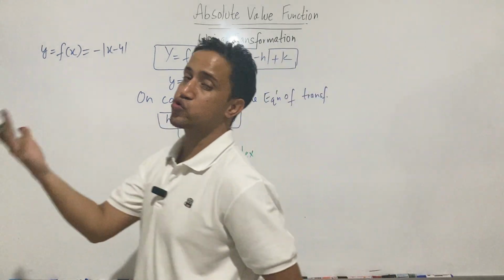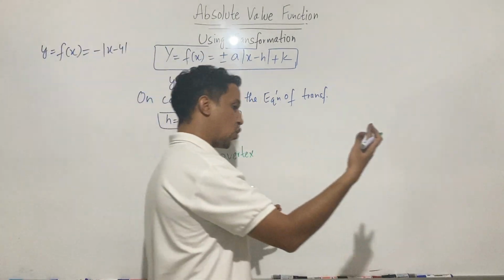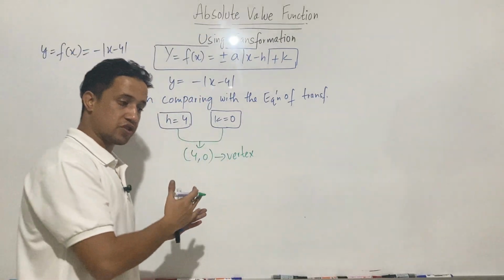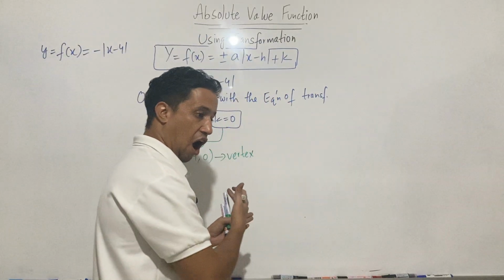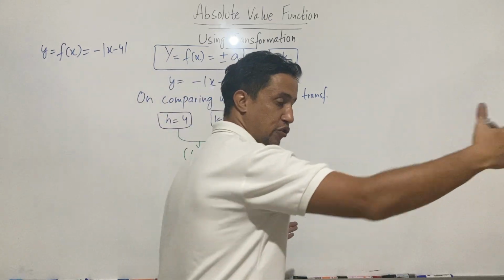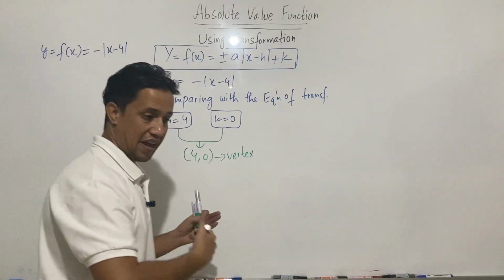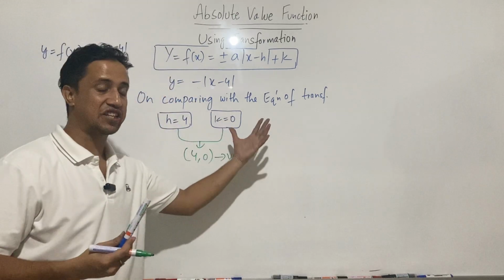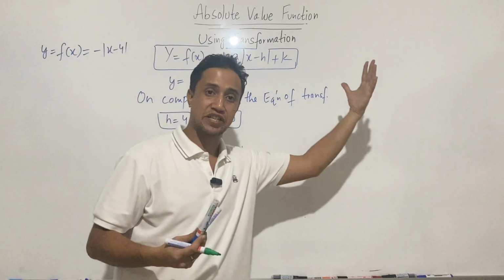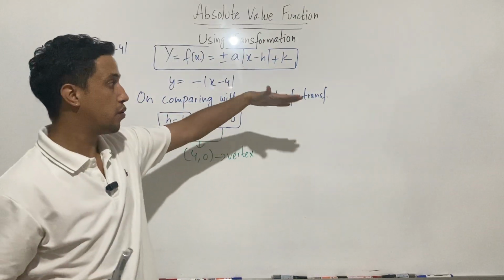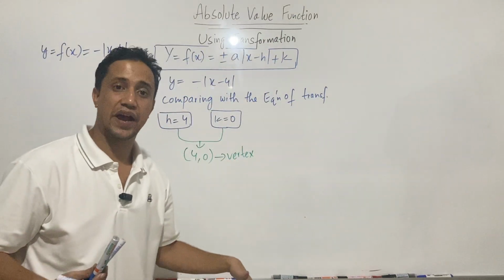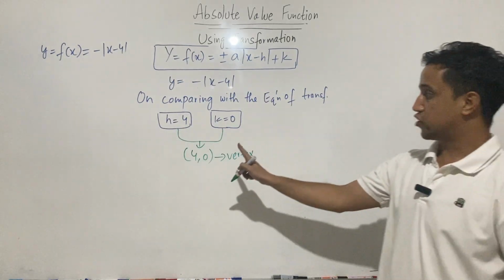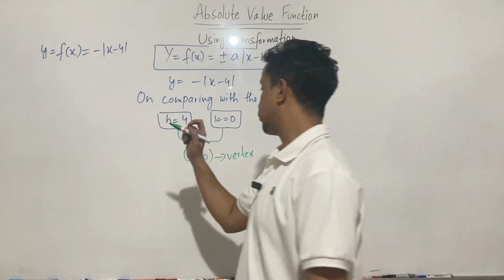Because we use transformations when the vertex is not formed at the center, or it is shifted some units along the horizontal x-axis, and it may shift upward or downward on the y-axis from the origin. So the vertex is going to be formed at (4, 0).